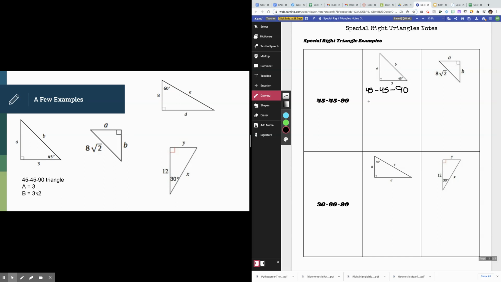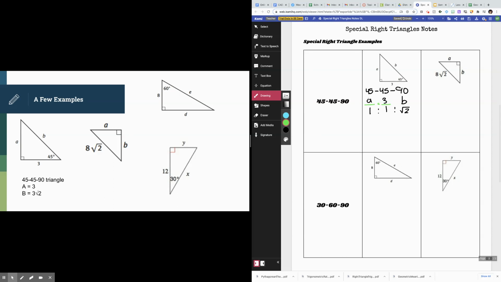So like this 45, 45, 90 here is A, 3, and B, okay? And then right underneath that, write the ratio, 1 to 1 to root 2. Now depending on which one of these you want to find, you can write these as fractions, set them equal to each other, and do the cross multiplying, right?